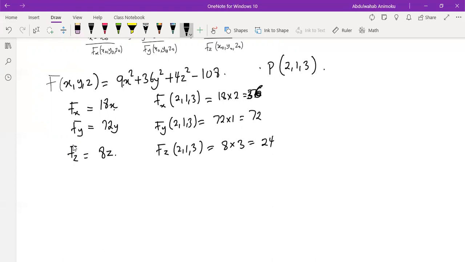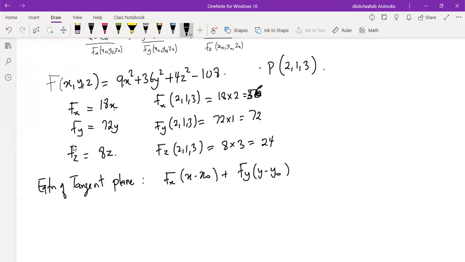Now we are ready to find the equation of the tangent plane at that point. So this would give us, remember, the formula equal to 0.